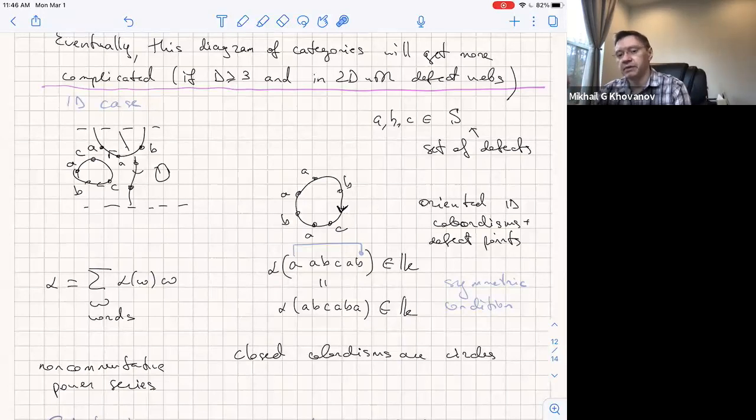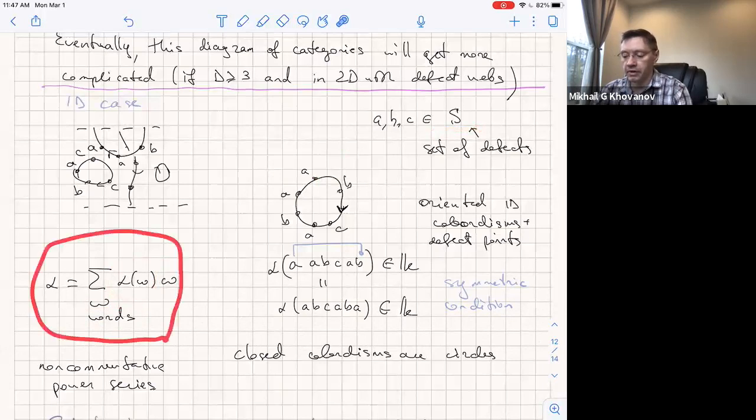We still have exponentially many assignments if we fix the number of dots, so there are still lots of possibilities. We encode our theory by what people call a non-commutative power series. This is just a formal linear combination: we take the infinite sum over all words, all sequences omega of elements of S, times the weight, the value of the circle labeled by omega.